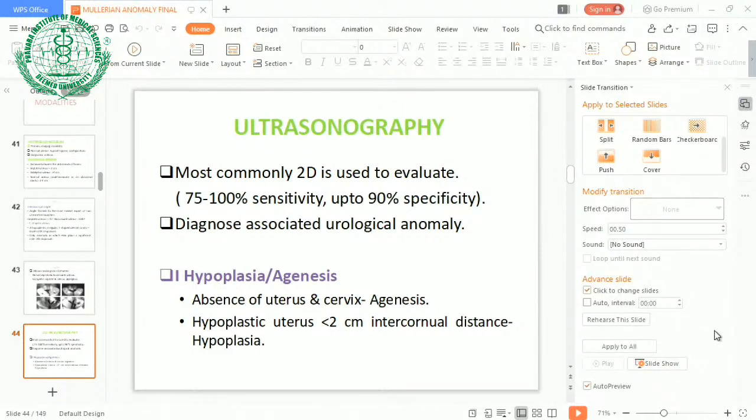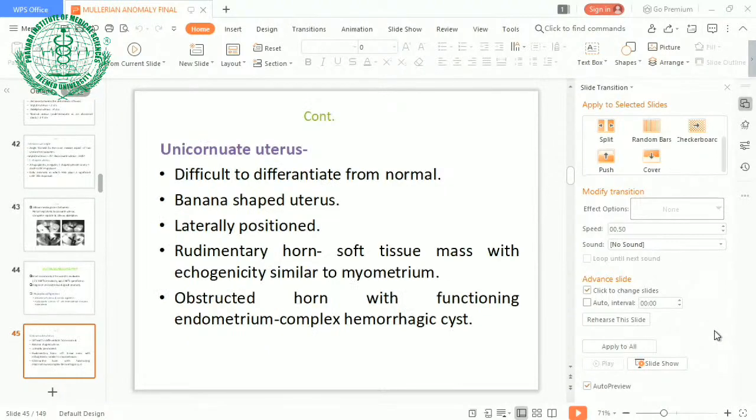Hypoplastic uterus has less than 2 cm intercornual distance; that is hypoplasia. Unicornuate uterus is difficult to differentiate from normal. Banana shaped uterus, laterally positioned. Rudimentary horn: soft tissue mass with echogenicity similar to myometrium. Obstructed horn with functioning endometrium: complex hemorrhagic cyst.